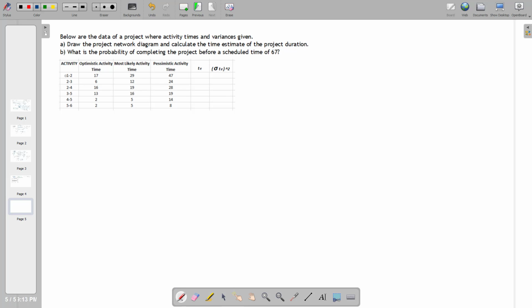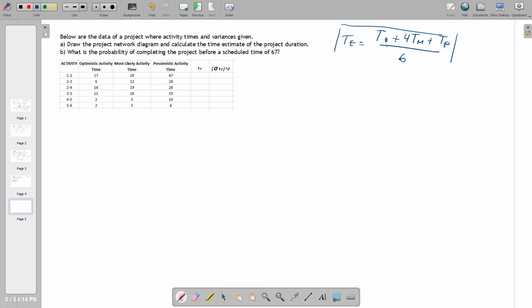So this time you have 1, 2, 3, 4, 5, 6 activity. Like I said before, the time estimate will be optimistic plus 4 most likely, and pessimistic divided by 6.